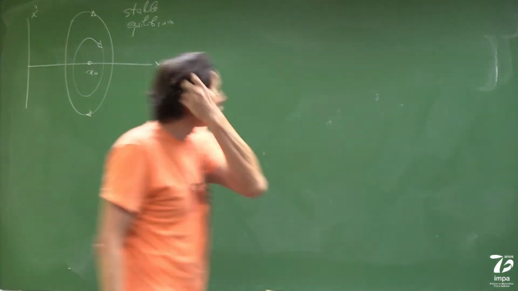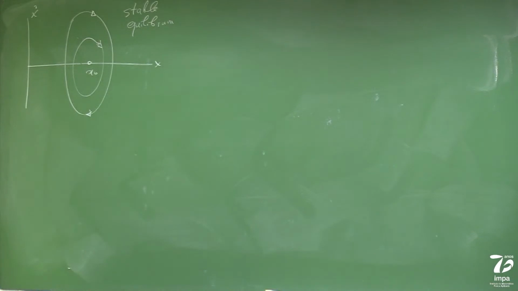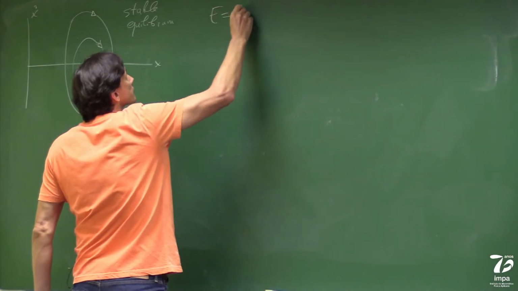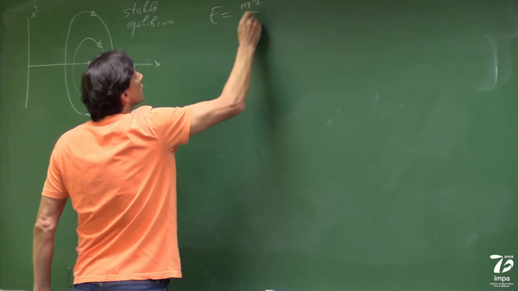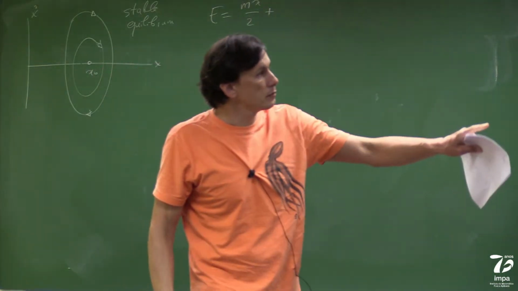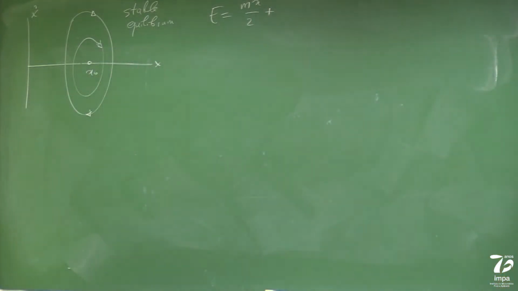You can see it also from another reason. Essentially, you can see it from energy considerations. So you see that our energy is m x dot squared over 2, and the A by m. So there is A there, right?